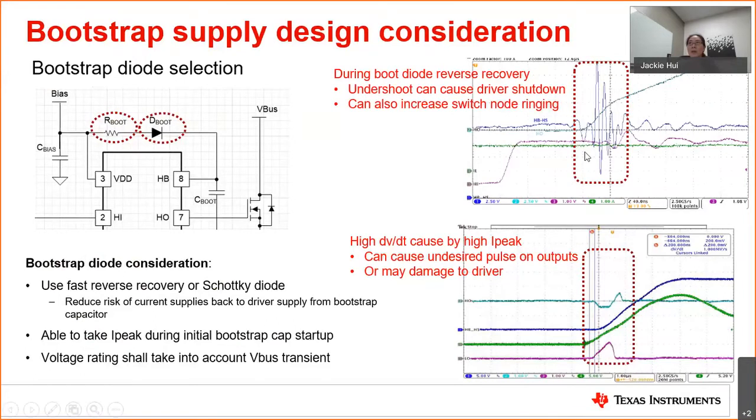And the undershoot happening during this time may potentially also shut down the driver. So you want to limit the duration of this event. That's why we recommend using a fast reverse recovery diode, or even considering a Schottky.